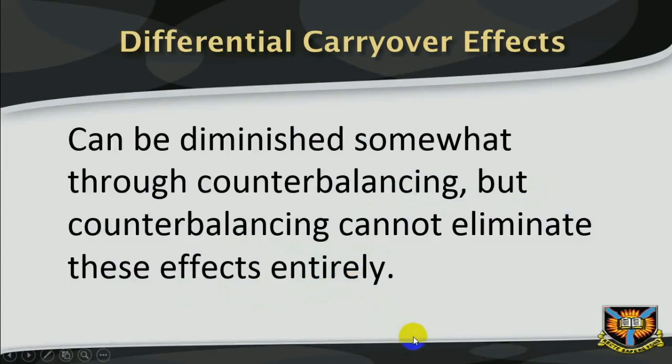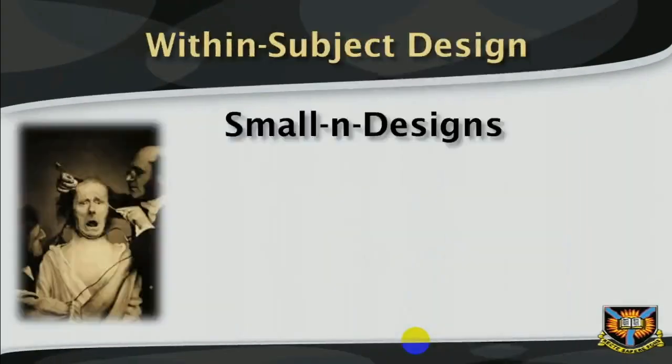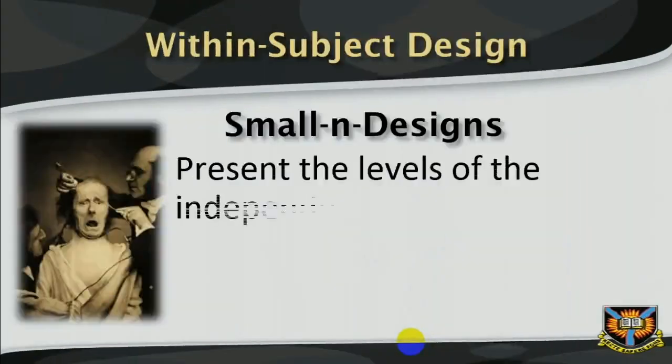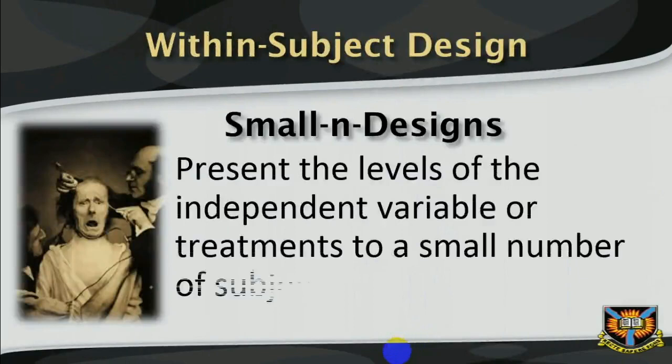If there is any reason to expect differential carryover effects, we can do one of two things in addition to counterbalancing. We can use the between-subject design or build in a sufficient time delay between the two treatments.